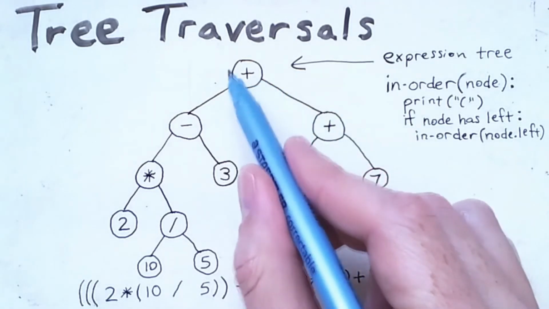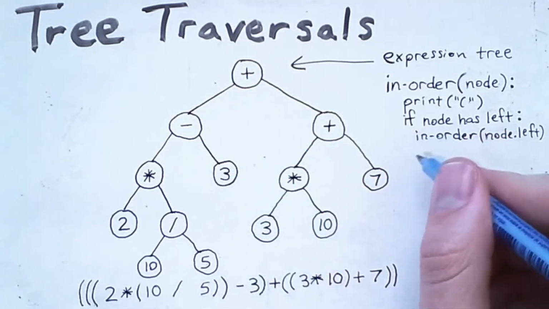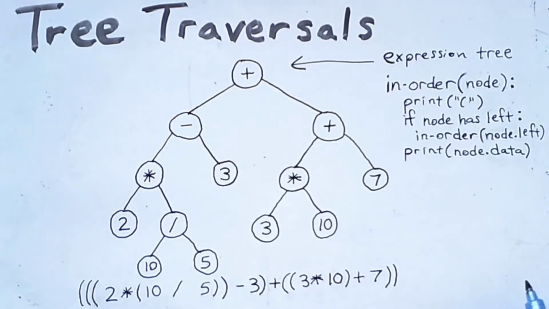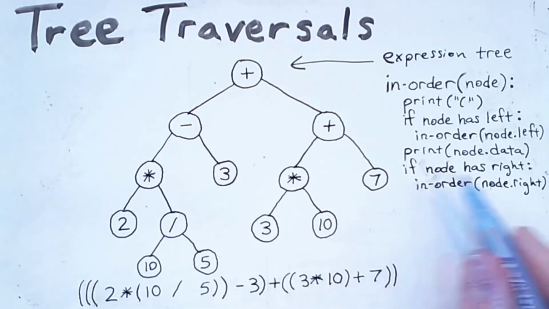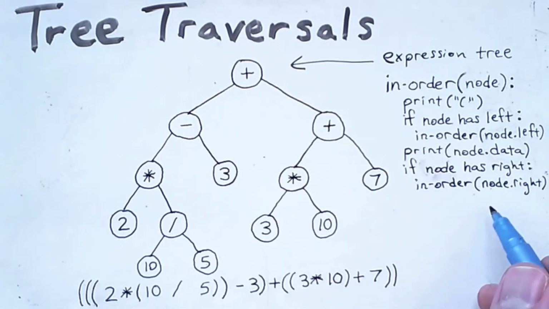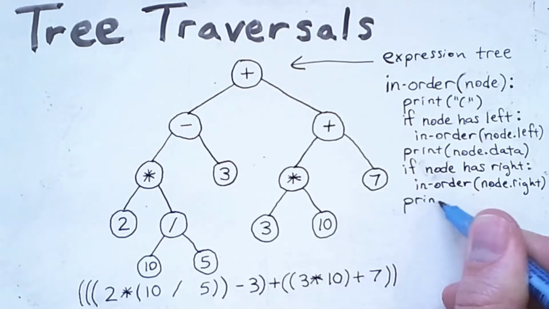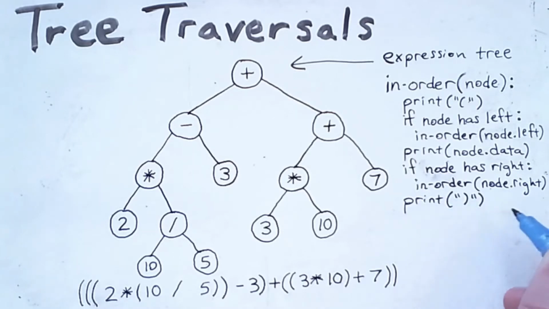So the data inside of this node is the plus sign. The data inside of this node is the 3. Next, we would visit the right node, if it exists. And once we visited any right node that exists, we would have to print a closing parenthesis. This is once again unique to this expression tree problem.